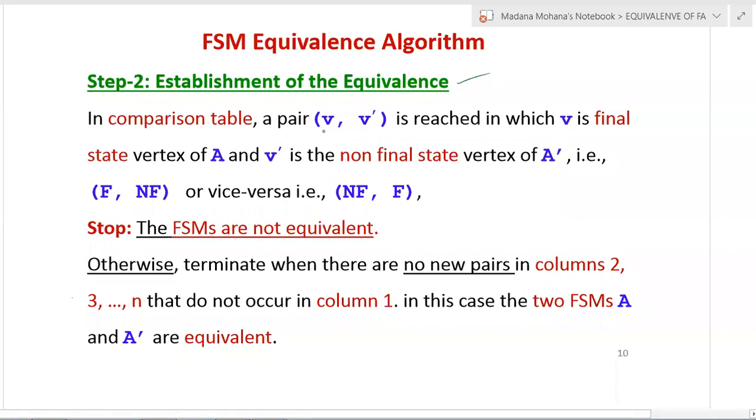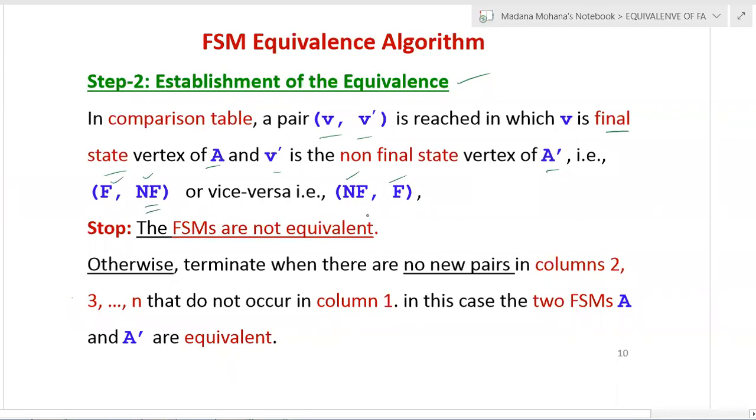In the comparison table, a pair V comma V dash is reached in which V is a final state vertex of A and V dash is a non-final state vertex of A dash. That is nothing but F comma NF, or vice versa, NF comma F, where NF is non-final state and F is final state.